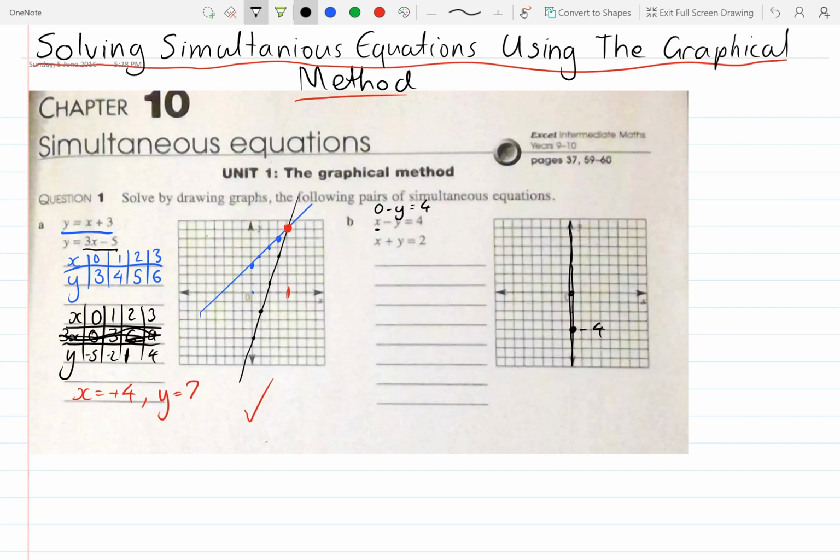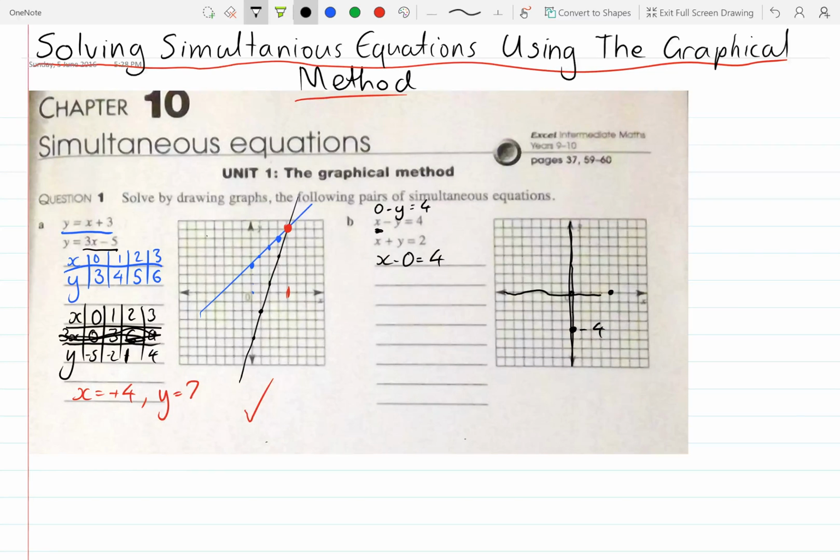Now for the second point, I can get it by pretending y equals 0. And so I can go x, take away 0 equals 4. So 1, 2, 3, 4 across.